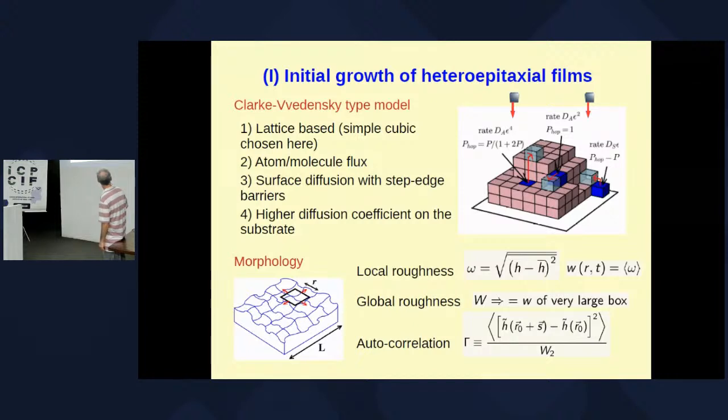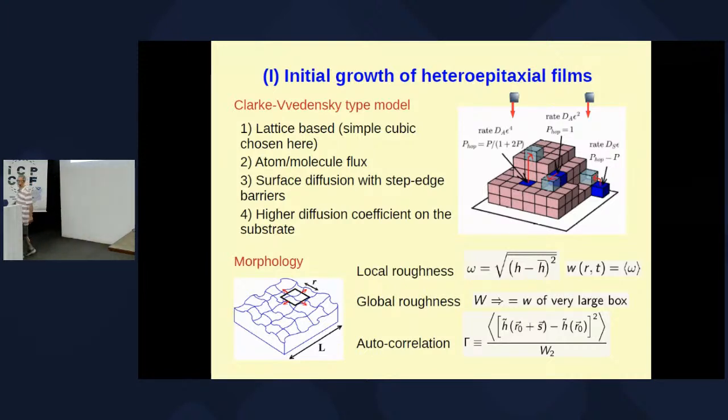So the probability of the hop is given by this quantity, and the rate of the hop for this atom compared to the other atoms has this form: dA, a coefficient dA, multiplied by epsilon 4. This factor epsilon accounts for the number of nearest neighbors, which is 4 for that atom.